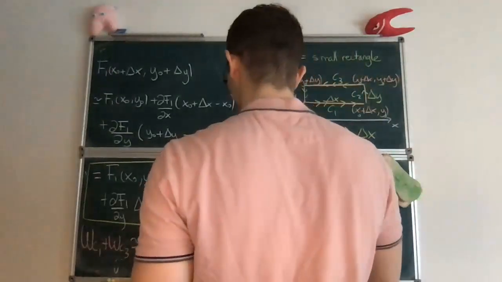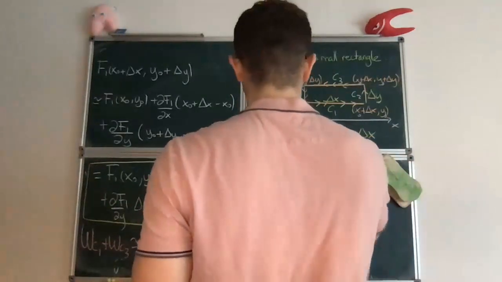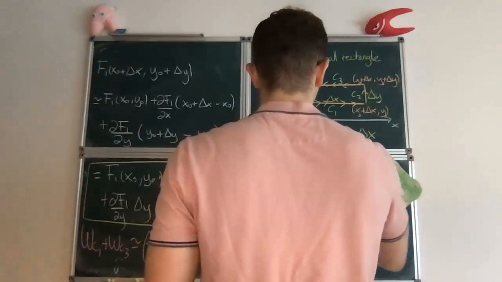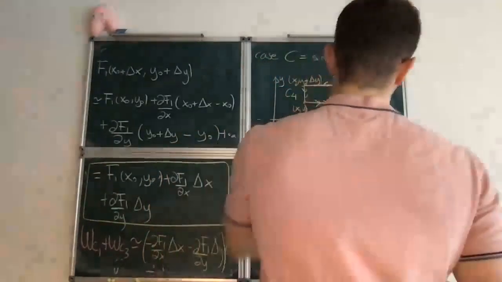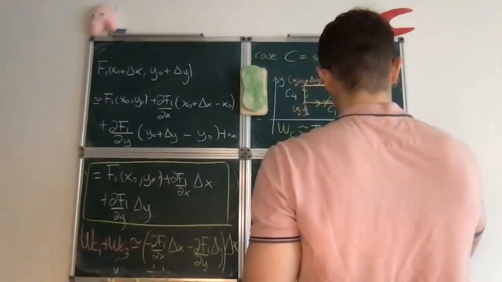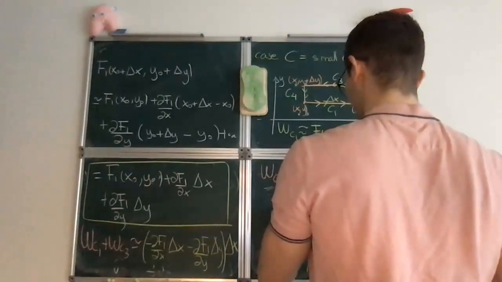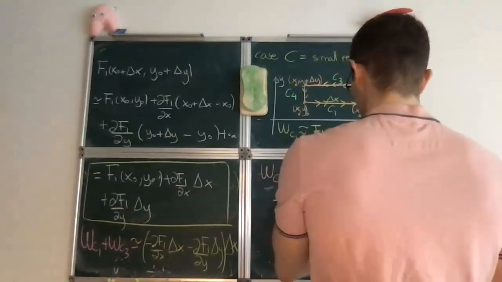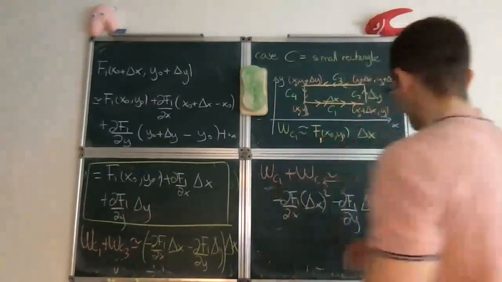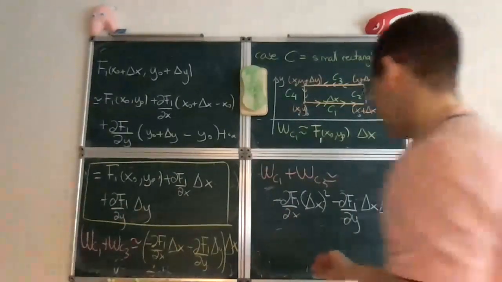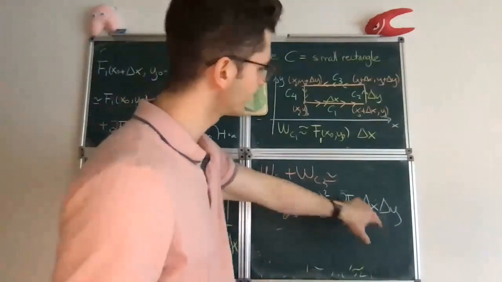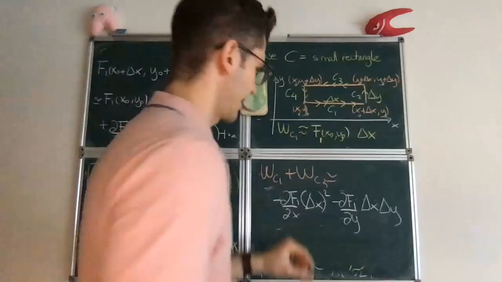When you do the multiplication, you approximate this by minus the partial of F1 with respect to x times delta x squared, minus the partial of F1 with respect to y times delta x delta y. And we're getting close to our end result. Here's the thing. Delta x times delta y is basically the area of this rectangle.